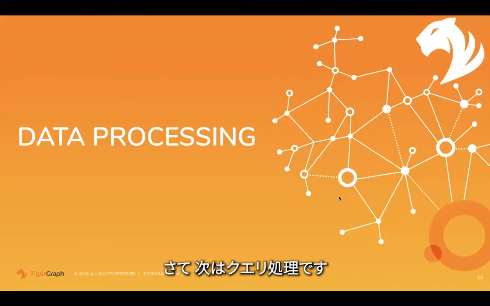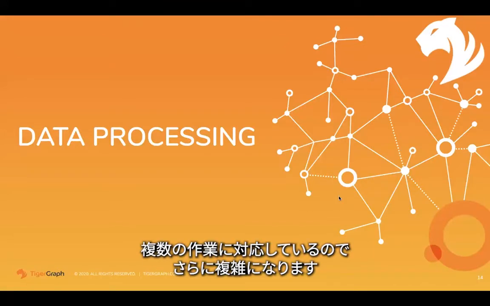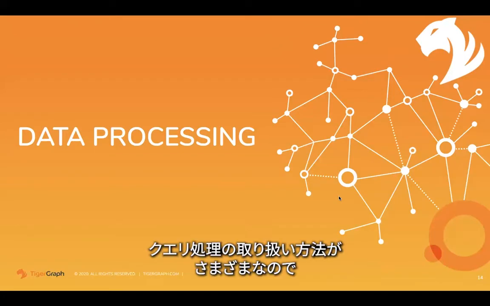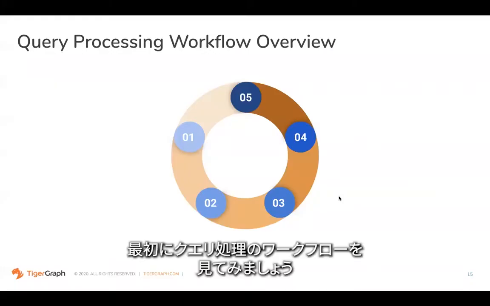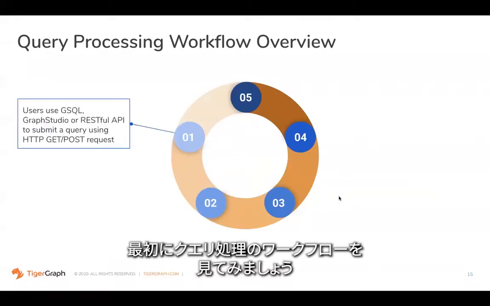Now moving on to the query processing, which is a little bit more complicated because as we support multiple workloads, there are different ways to handle query processing. I'll go over a few details in this section. So first, let's go over what the workflow looks like for query processing.